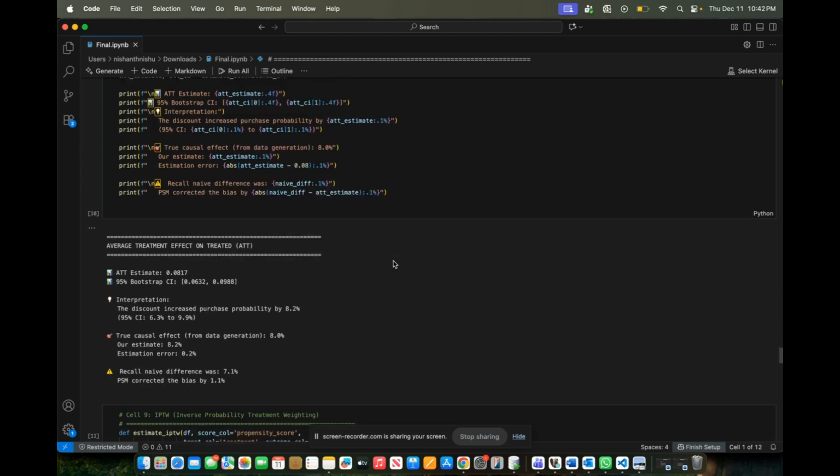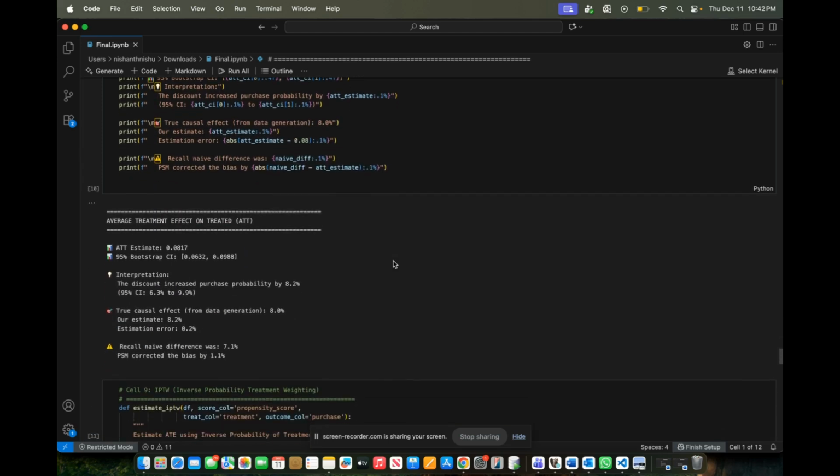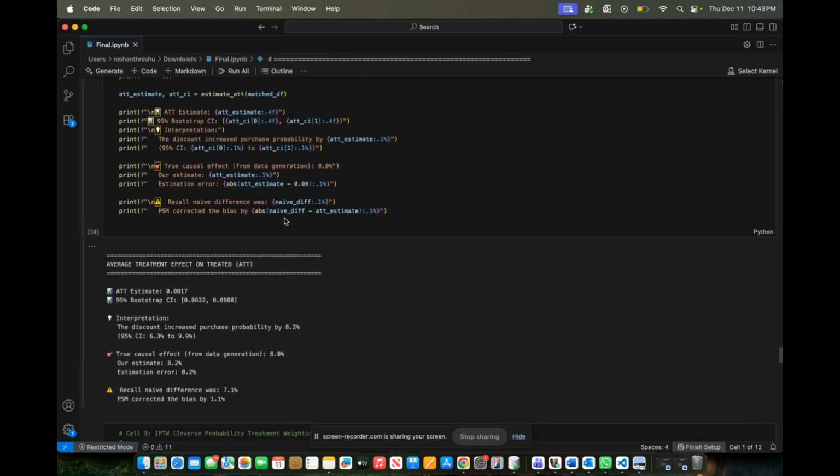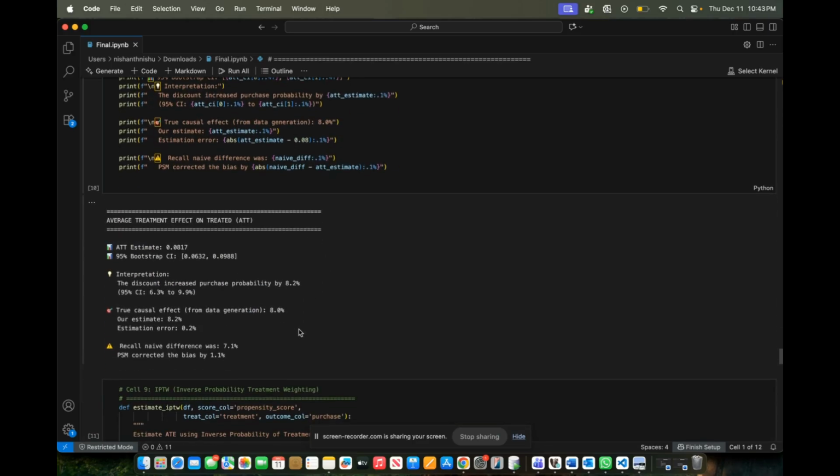Now we compute the ATT, the causal effect of giving a discount. For each matched pair, we subtract the control outcome from the treated outcome and average the difference. The ATT is about 7.8%, roughly 7.8 to 8%.